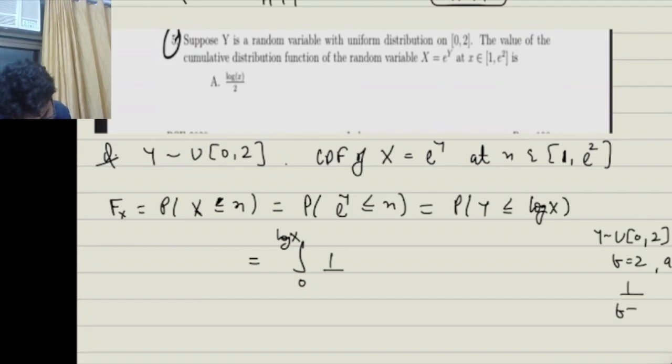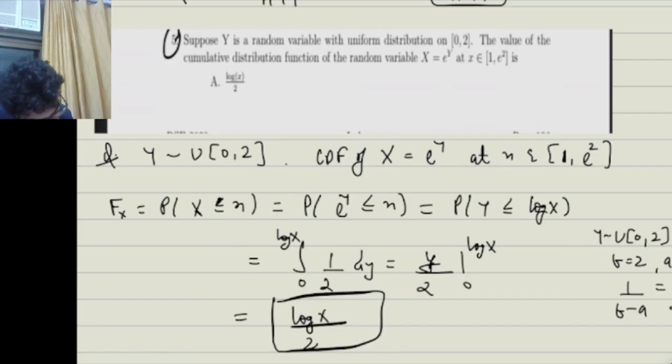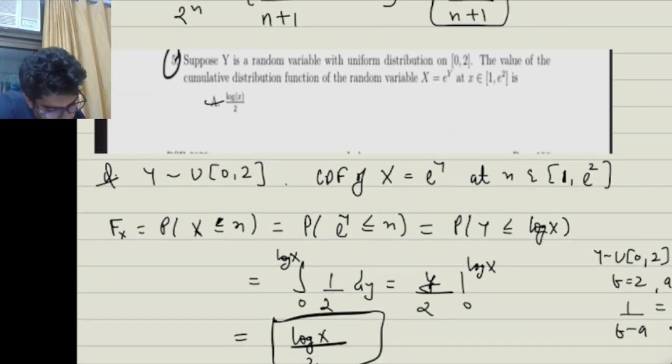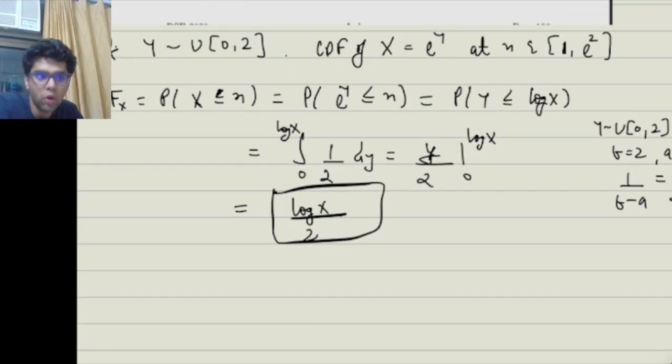So 1 upon b minus a becomes the PDF of y. 1 upon b minus a becomes 1 upon 2, right? 1 upon 2 dy, which gives me y upon 2 from 0 to log of x, which gives me log x upon 2, right? Log x upon 2. This is the first option only, right? Log x upon 2.